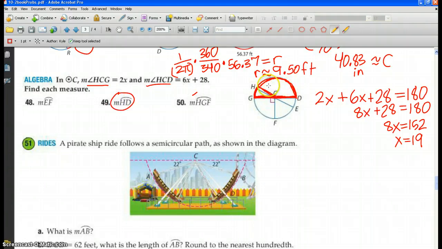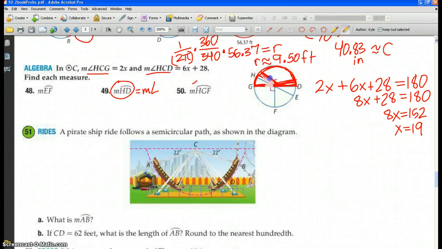HD is equal to the measure of central angle HCD, so that angle right in there.